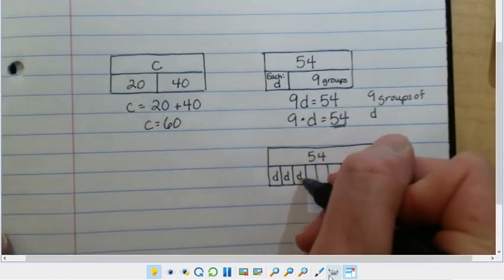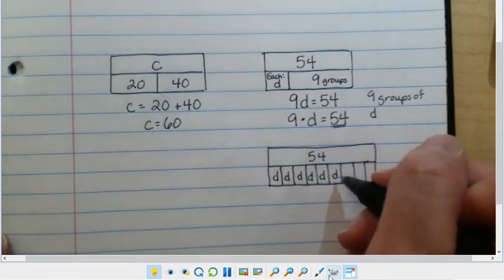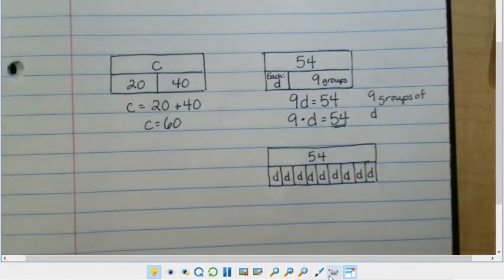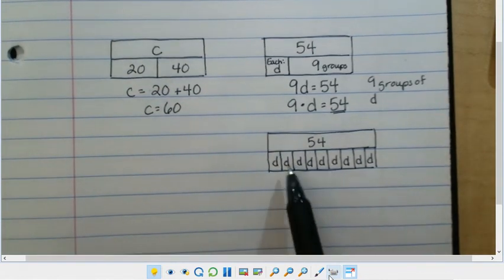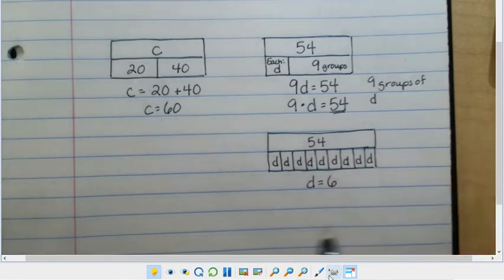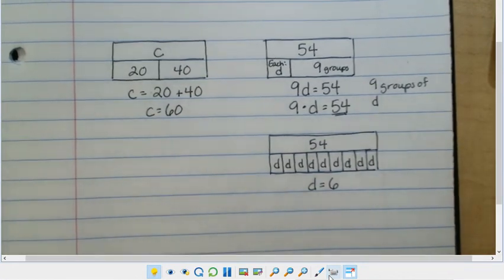And you could have done this. And then you solve for D. So how much is each one of these? Well, D should be equal to 6. And so that is how you write equations from tape diagrams and draw tape diagrams from equations.